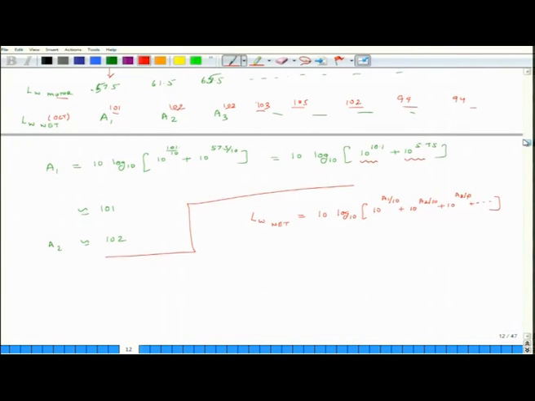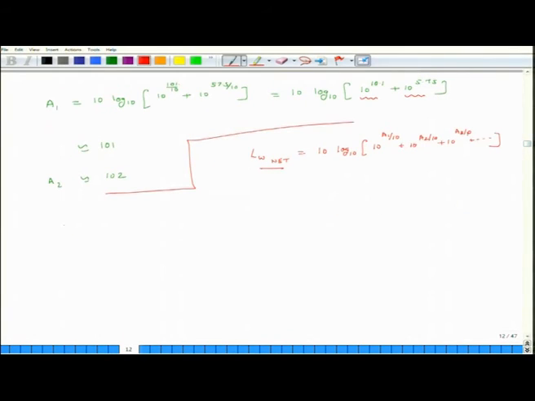If the motor was providing sufficient power contribution, then LW net would have changed. So based on all this understanding, LW net is equal to 111 decibels.